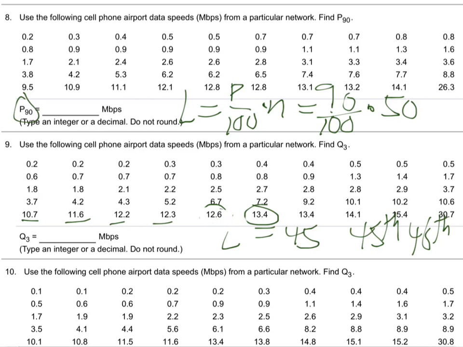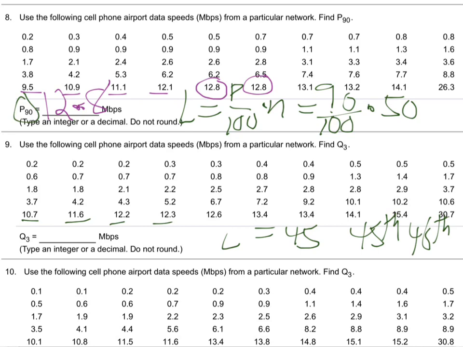I got down on the wrong problem. It's supposed to be up here. So up here, it's 41, 42, 43, 44, 45, and 46. Oh, that's convenient. It's just going to be 12.8 because it's the same number twice. So the average is 12.8. So the answer to this question is 12.8. That is the 90th percentile.